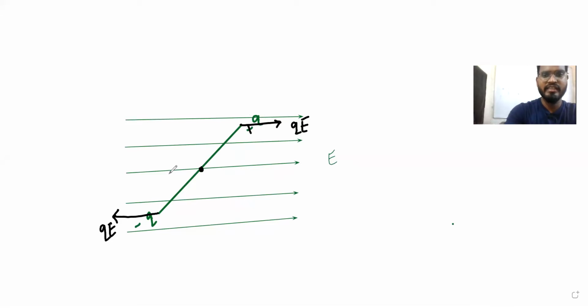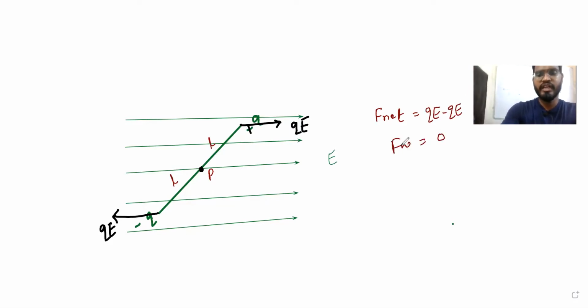Let's consider the length, so length is L here, and then L. This point is P, right? Now see here one thing, we can say net force here is plus qE and one is minus qE, that is 0.